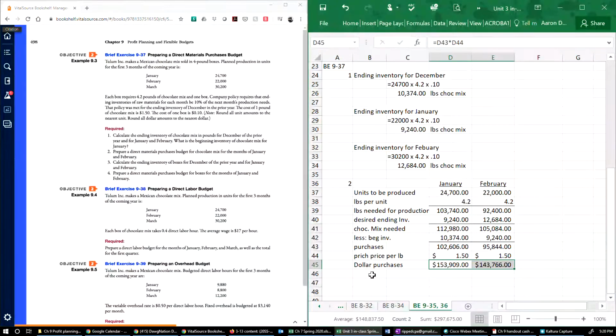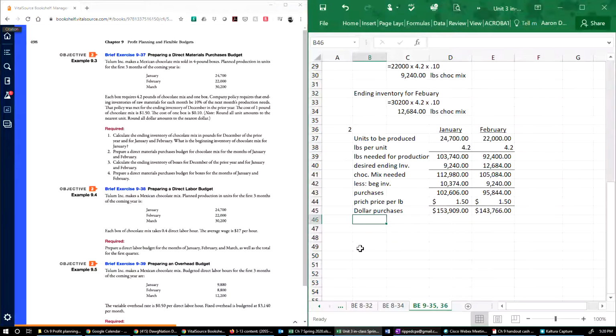The problem goes on and asks us to repeat the process for boxes. And let's do that to get just an additional look at it. And so it asks for the same thing: ending inventory of boxes for December of the prior year, in January and February. Okay.